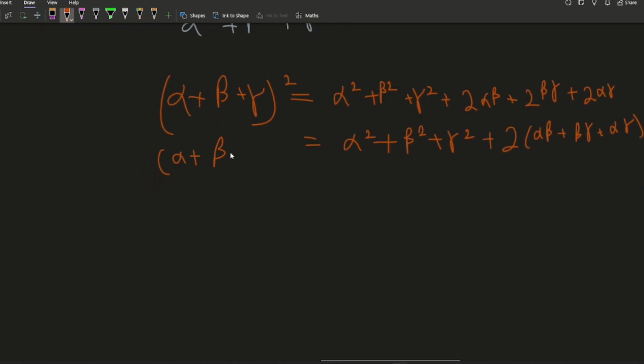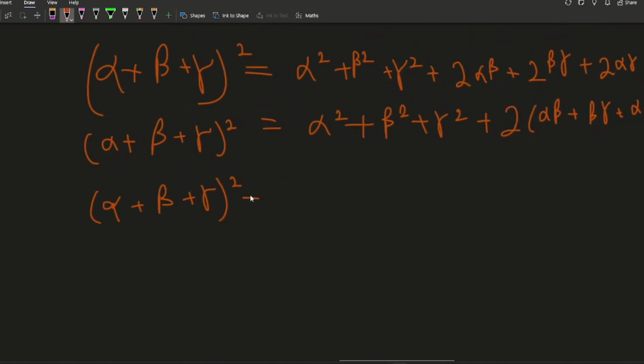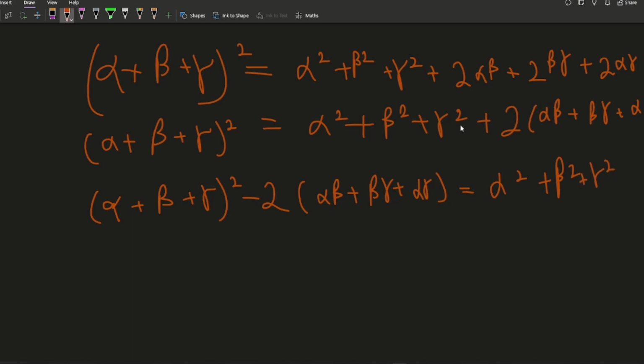Now let's take this to the other side to make the sum of squares of roots the subject. So this will be alpha plus beta plus gamma, squared, minus 2 times alpha beta plus beta gamma plus alpha gamma, equals alpha square plus beta square plus gamma square.